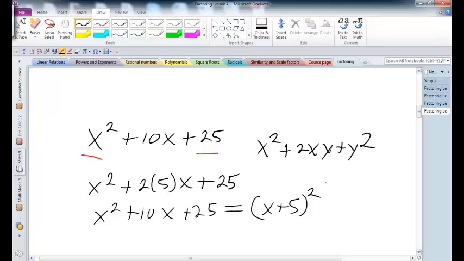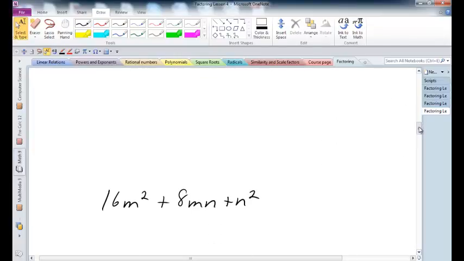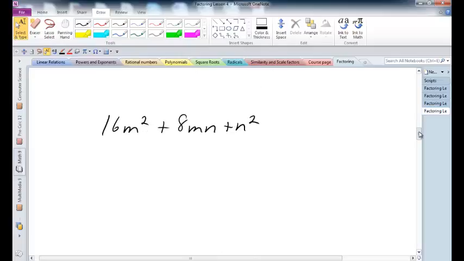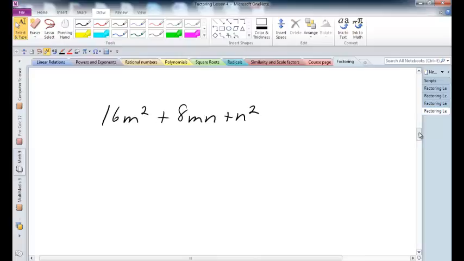Let's do a really tough one. 16m squared plus 8mn plus n squared. We've got a perfect square at both ends, so we just have to check to see if the center term follows the pattern.